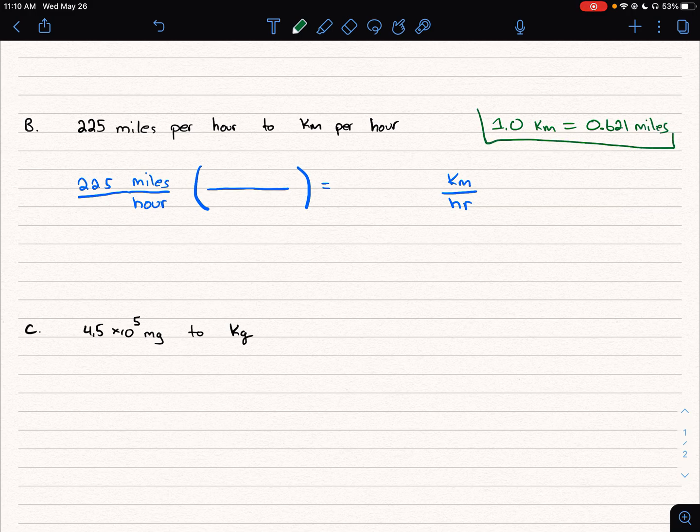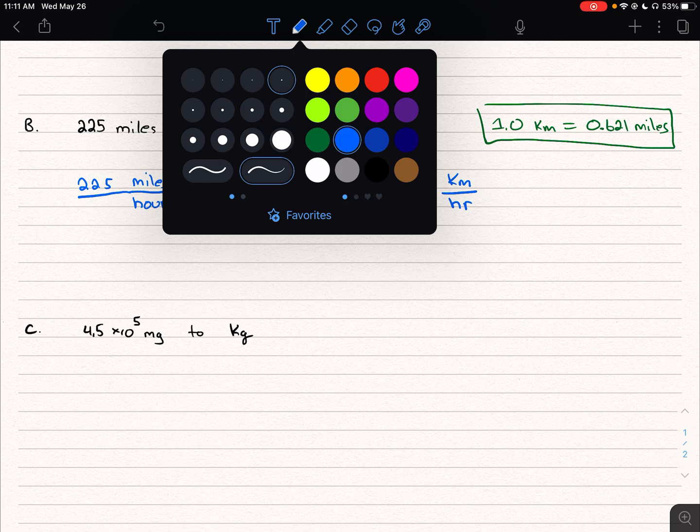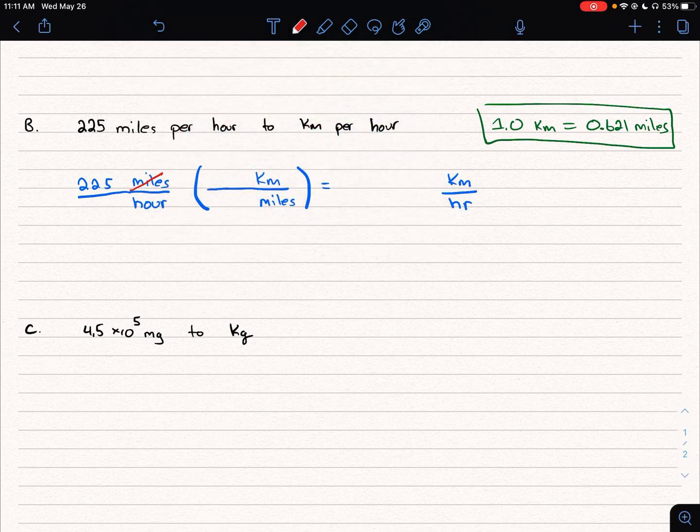This is the conversion factor we want to use. So now we can come back to our problem. We want miles to cross off, so I'm going to put miles on the bottom of my fraction and kilometers on the top. And again, miles divided by miles equals 1, so those go away.